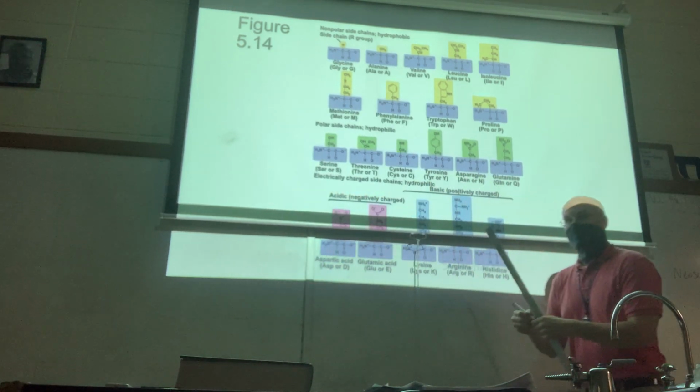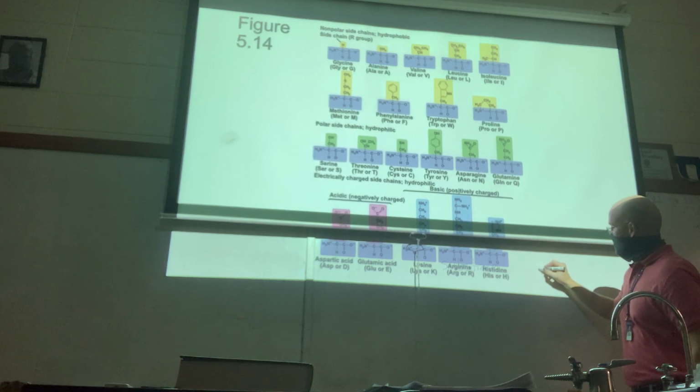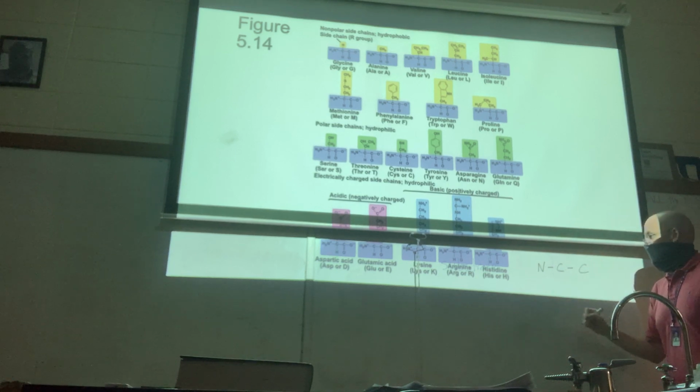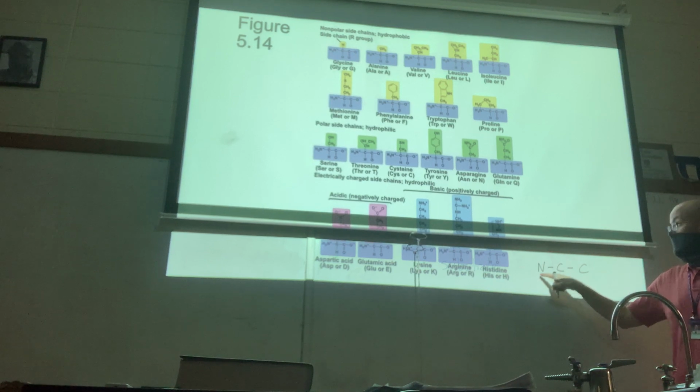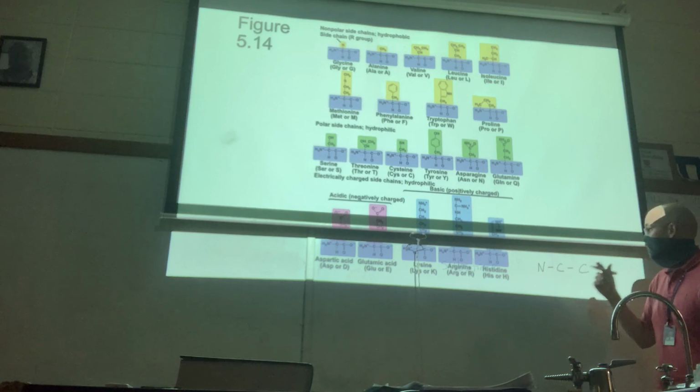Essentially, you have this kind of core chain of a nitrogen and 2 carbons. So this is where we start seeing other elements come into play. Every amino acid is going to have this nitrogen atom here.